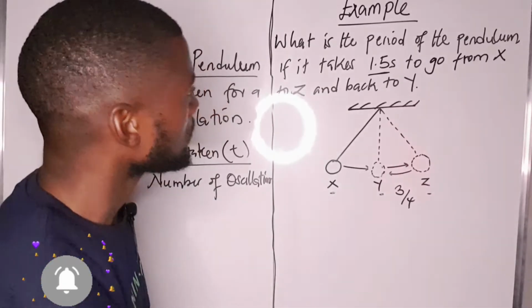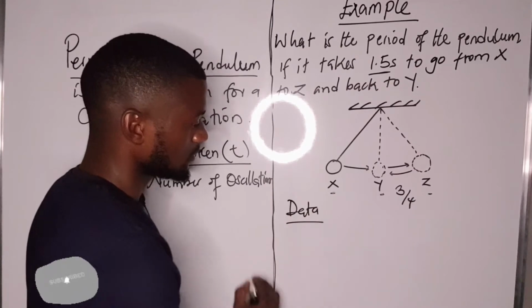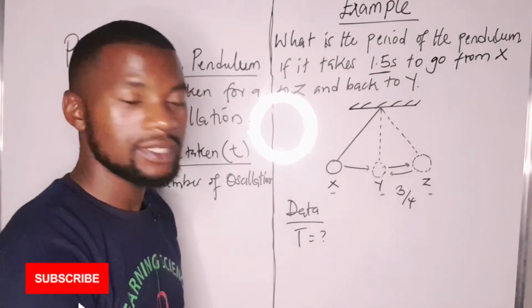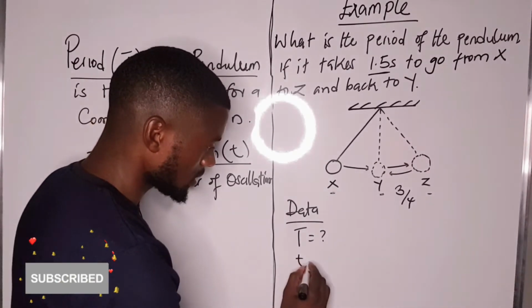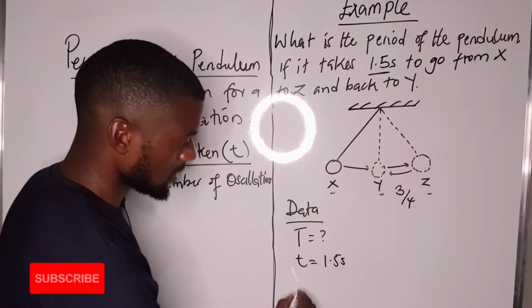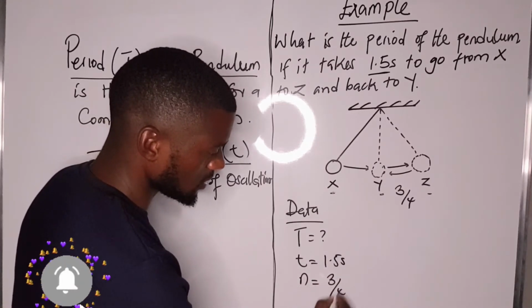Therefore, when we write our data, we'll say period, that is what is being calculated, time taken, which is 1.5 seconds, and number of oscillations, which is 3/4.